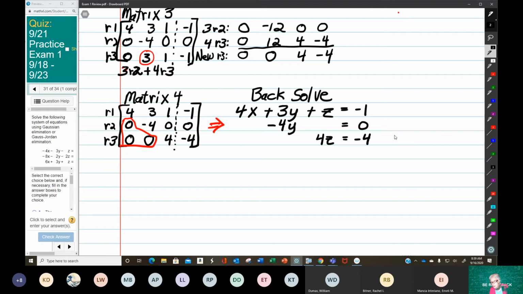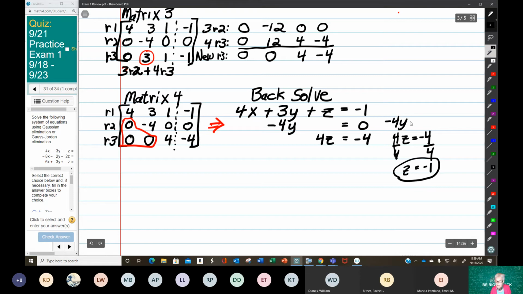Okay, so if we have 4z equals -4, then when I divide both sides by 4, I'll get z equals -1. And up here, I'll have -4y equals 0.